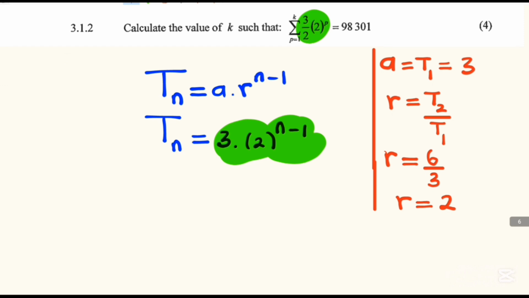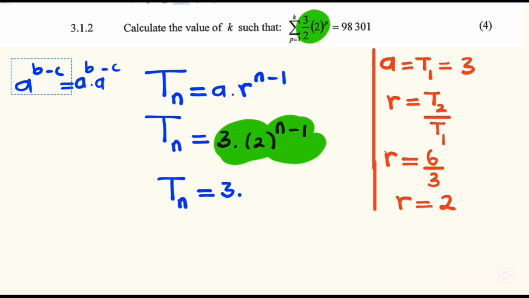So let's simplify this Tn. So we have Tn is equals to 3 multiplied by, suppose that we had a raised to the power b minus c is equals to a raised to the power b multiplied by a raised to the power negative c.